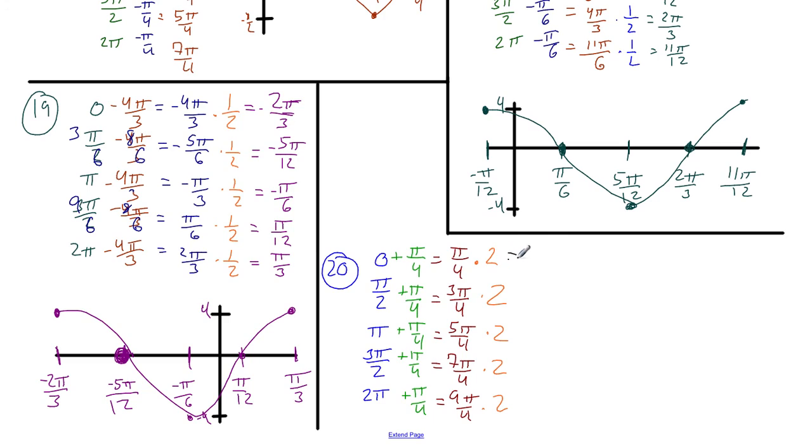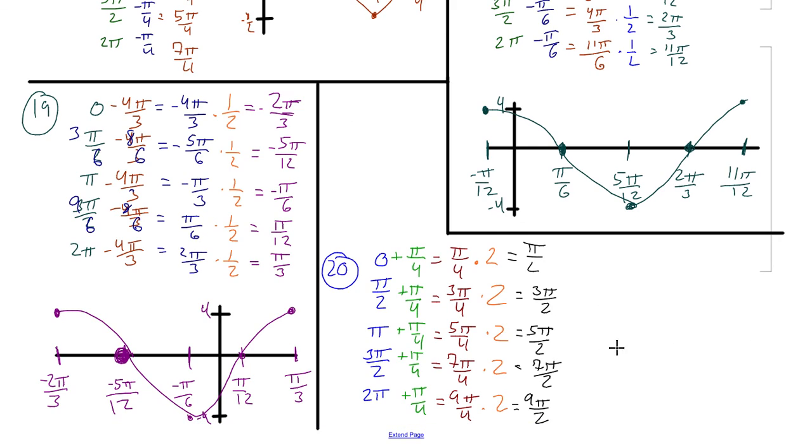So this is going to be 2 pi over 4, which is pi over 2. 6 pi over 4, which is 3 pi over 2. Then we're going to have 5 pi over 2, then 7 pi over 2, and then 9 pi over 2.